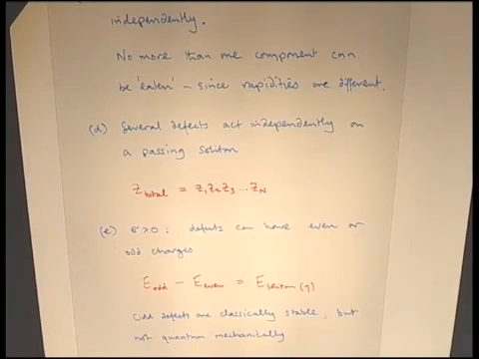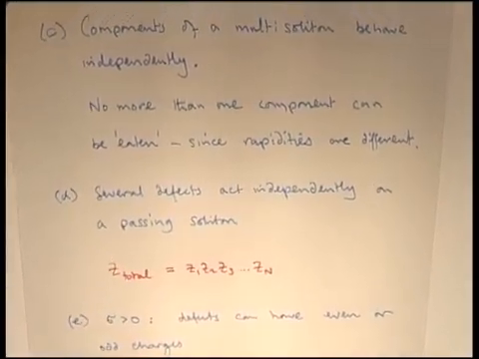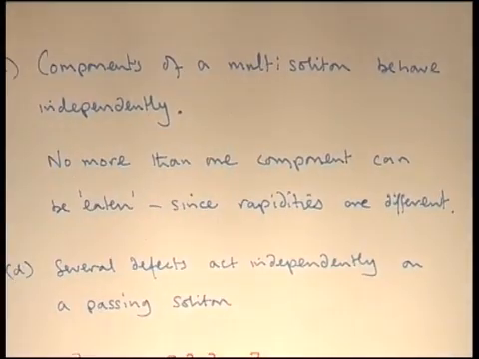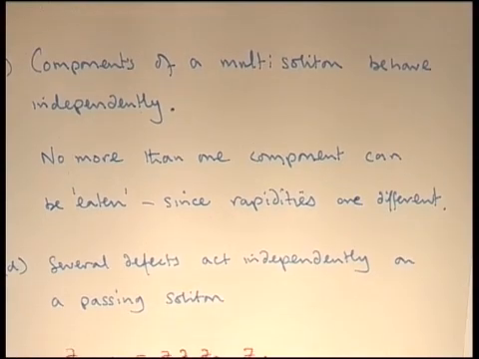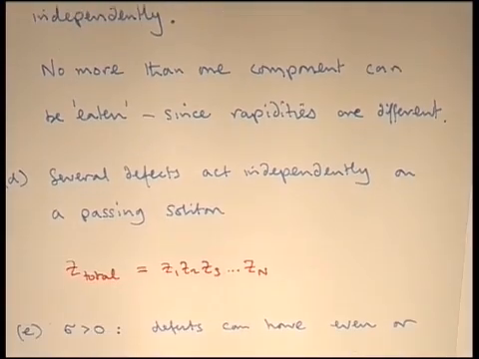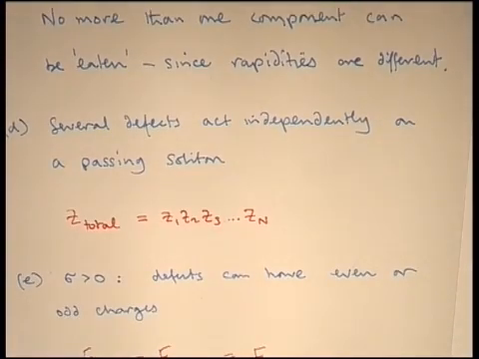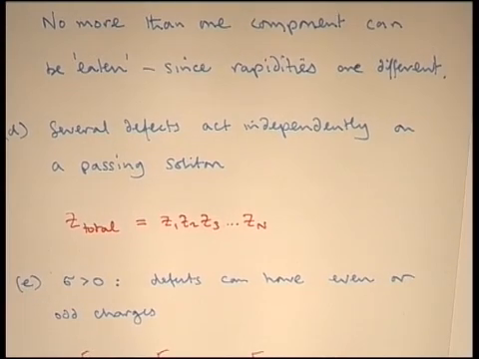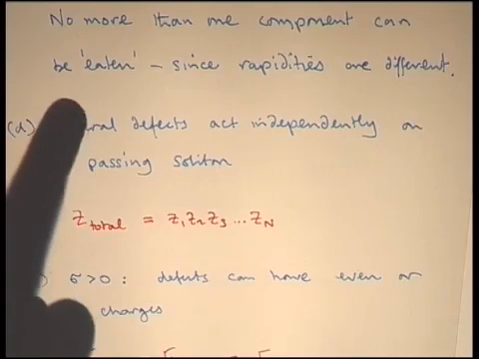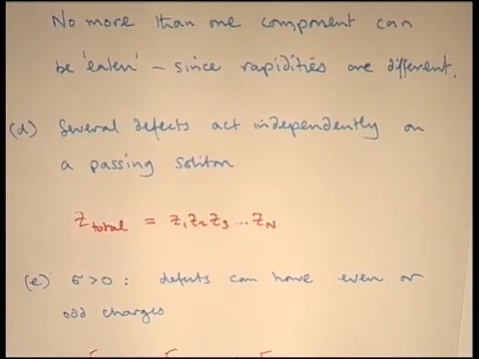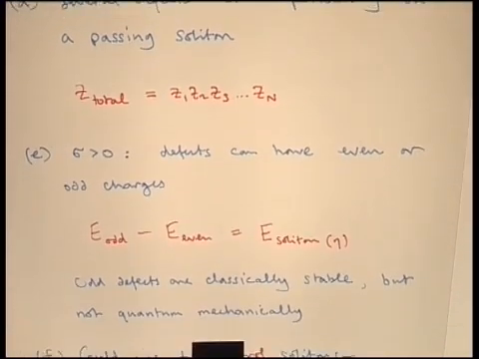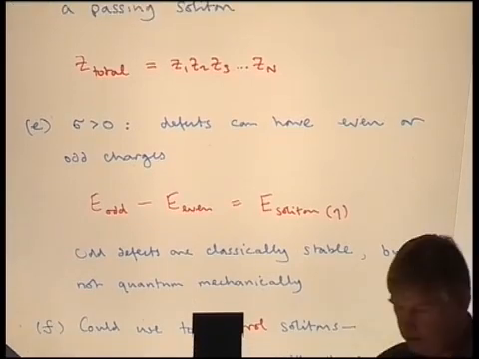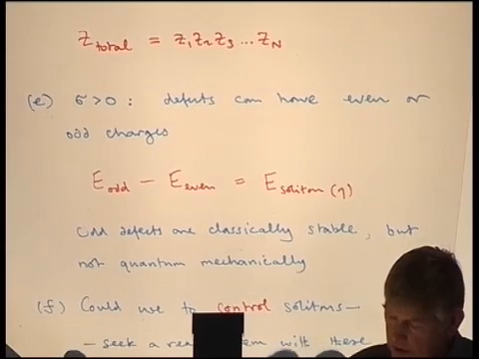We can have multi-solitons coming along, and they will each scatter from the shock and collect an extra phase, but not more than one component can ever be eaten. That's necessary for consistency because of the periodicity with respect to 4 pi, but also it's a fact because the rapidities must be different for a multi-soliton solution. You cannot have solitons with identical rapidities. It's just not allowed. So that's perfectly consistent.